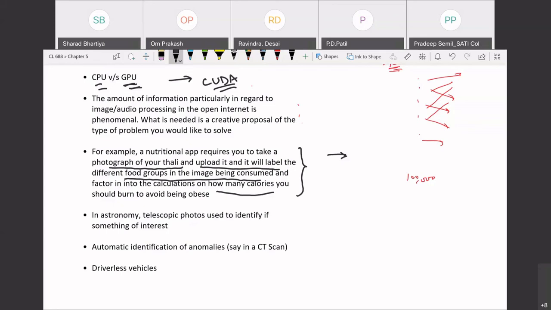So there are these really lateral applications which are left to our imagination, and you can come up with any application.